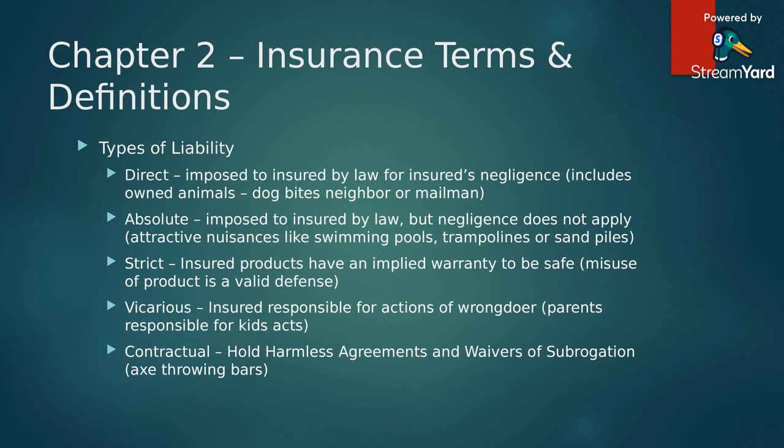And then the last section for types of liabilities here is going to be contractual. Things like hold harmless agreements and waivers of subrogation. If any of you have ever been to one of those axe throwing bars where you take hatchets or, sometimes, full-on axes and you throw them at a block of wood about 20 feet away, right? This is a pretty dangerous type of situation.